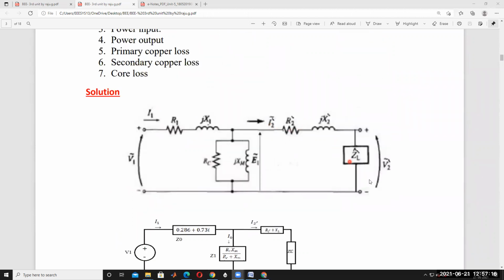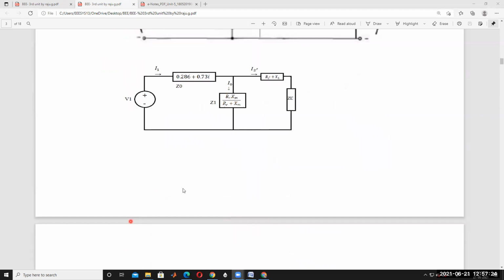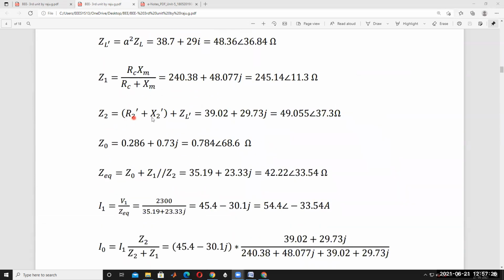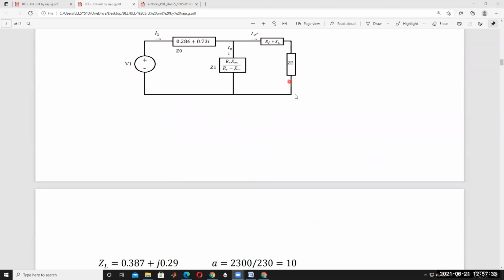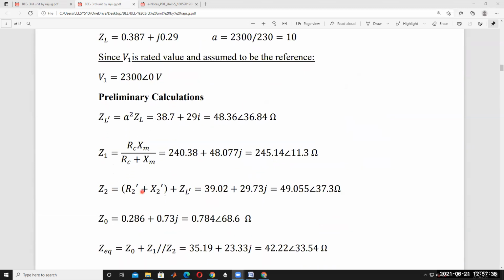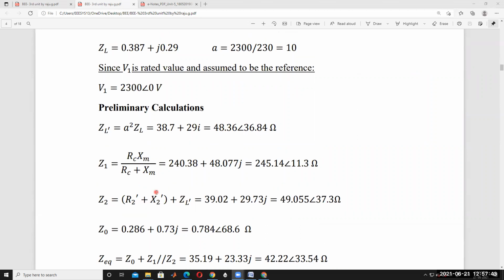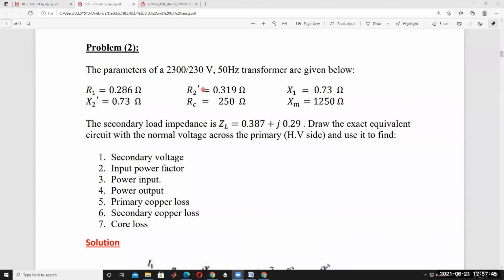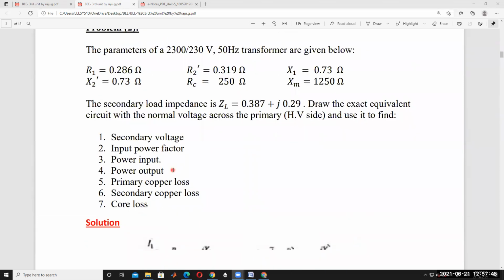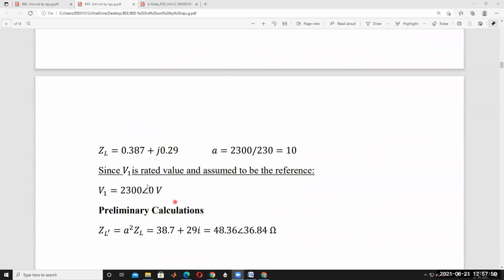Then this is called Z2, the total impedance on the secondary side. This total impedance is R2 plus jX2 plus ZL, called Z2. Here it is R2 plus jX2 plus ZL dash. This is called the total impedance. You know R2 dash and X2 dash, and ZL referred to the primary side is also known.